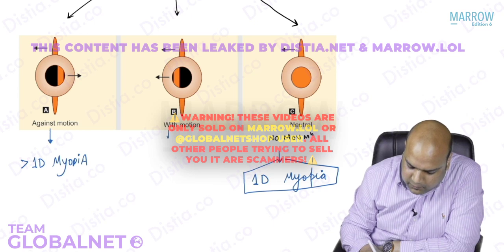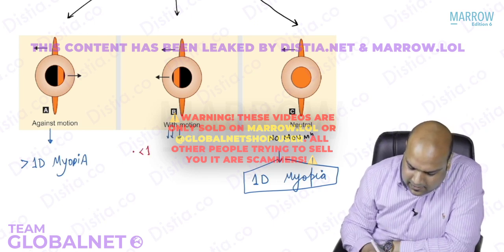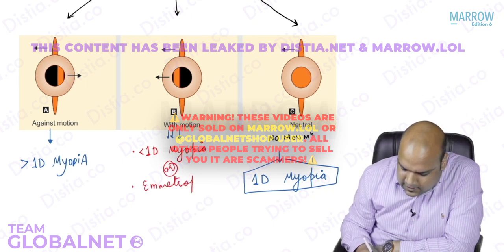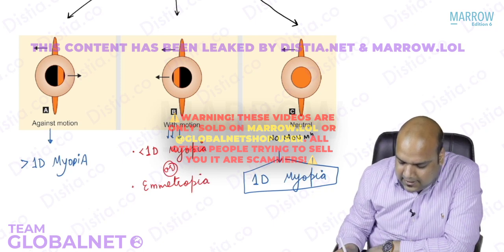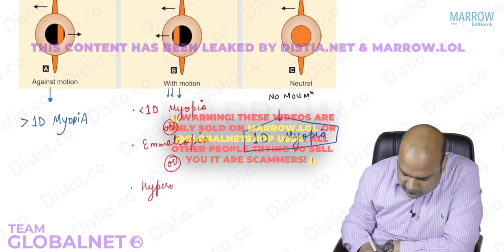But if there is with motion, everybody, then the answer can be less than 1 diopter myopia or emmetropia. As we saw a little while back, emmetropia means, everybody, normal refractive power, or hypermetropia.